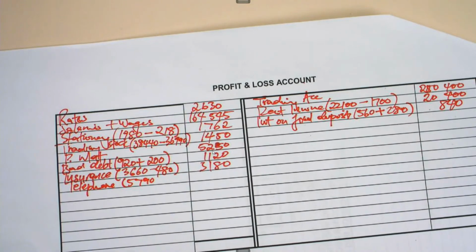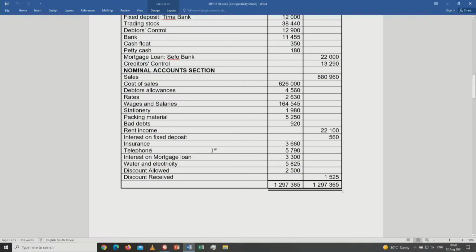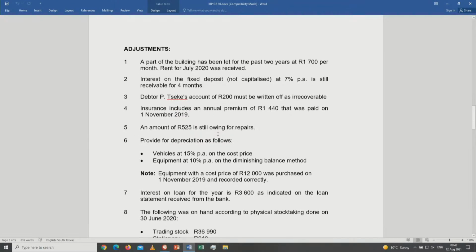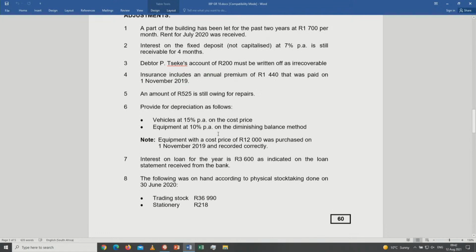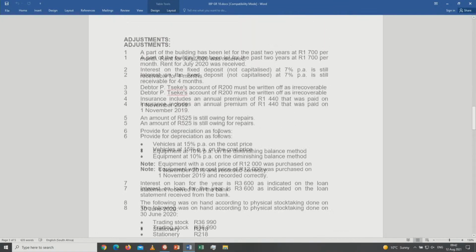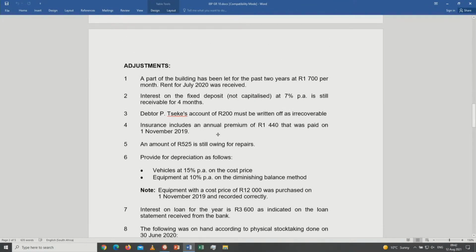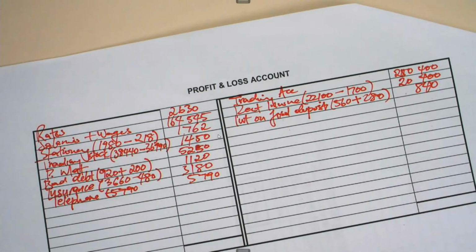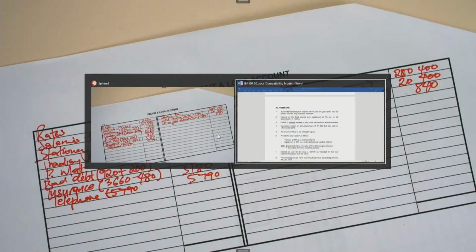And do we have any adjustment regarding it? Let's quickly check. No, we don't have. So we take it as it is. The balance there would be 5,790. Right. 5,790.